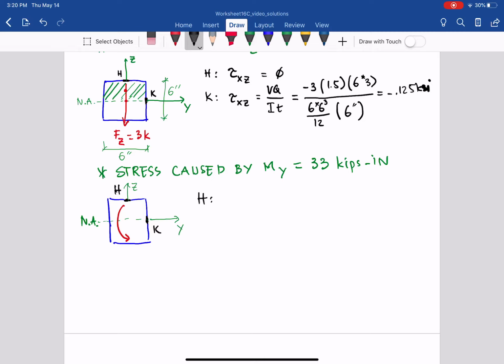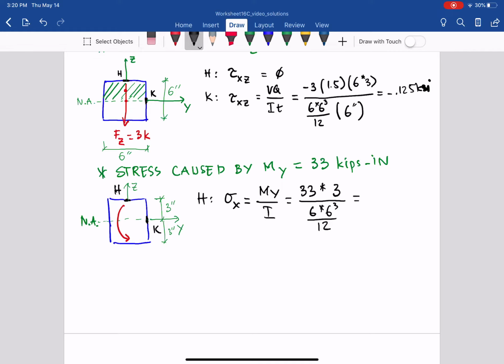So at H, sigma X equals My over I, and that M is 33, times Y from the neutral axis. In this case, as you can see, from the neutral axis to here is 3 inches. So we have times 3 over I, 6 times 6 cubed over 12.